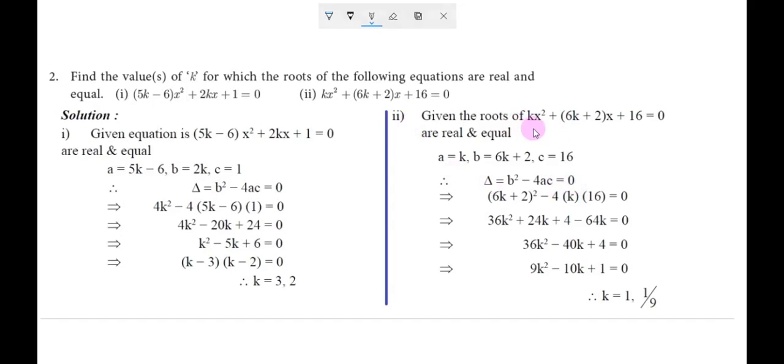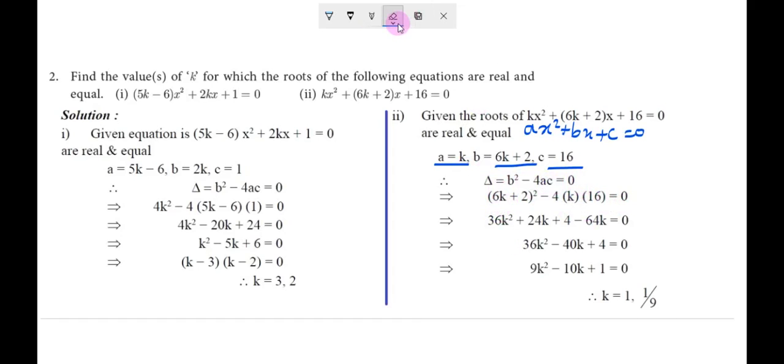So just compare here the general form, ax square plus bx plus c equal to 0. Okay, so a equal to k and b equal to 6k plus 2 and c equal to 16. Now take del equal to 0, so b square minus 4ac equal to 0, and 6k plus 2 the whole square minus 4, a value k and c value 16 equal to 0.